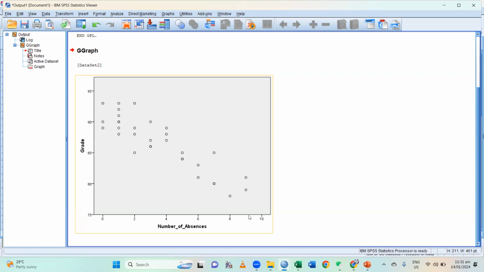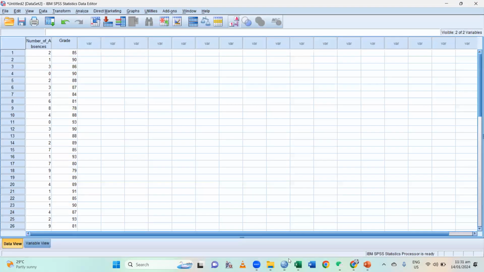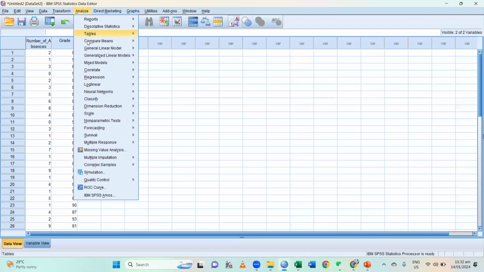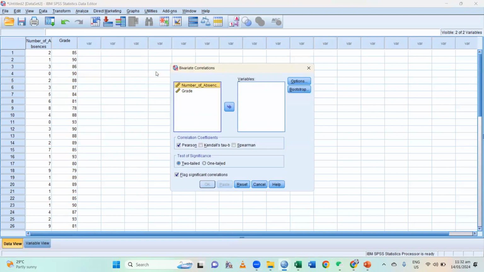So to do this, let's do Pearson. Go to analyze, then correlate, then bivariate. Then highlight the two, place them in the variables, and take note, make sure that Pearson is checked.